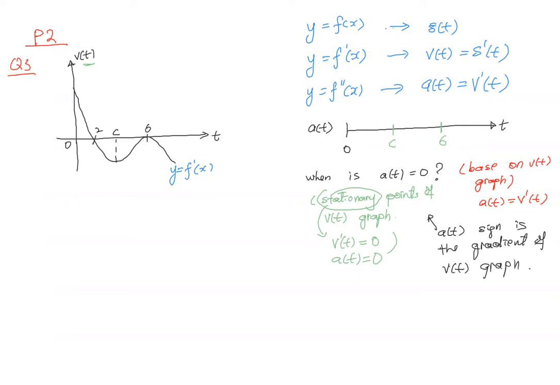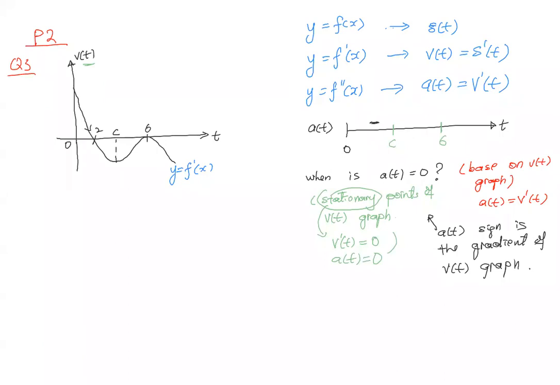Okay, so can you tell me from 0 to C, AT is negative or positive? Azif? From 0 to C, yes, it is negative. Why? Because the graph is going down, am I right?